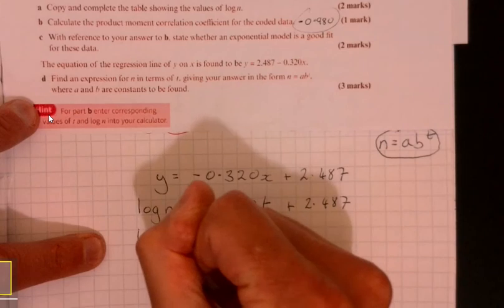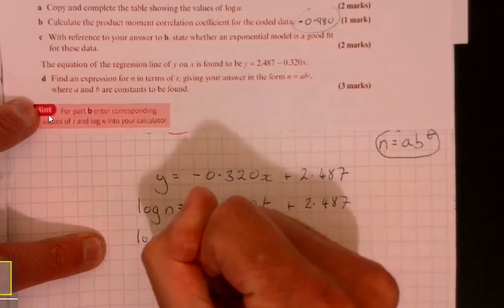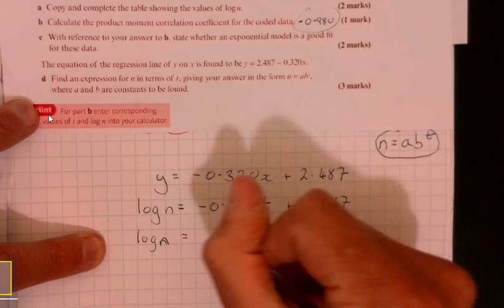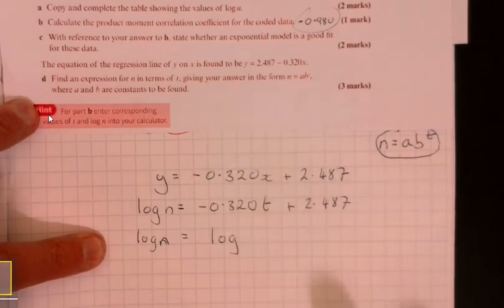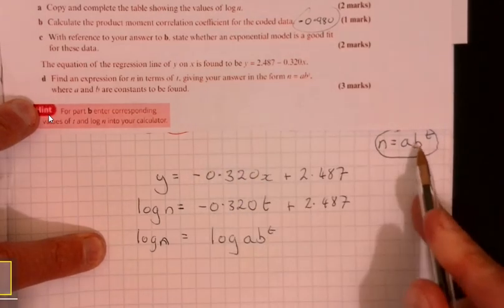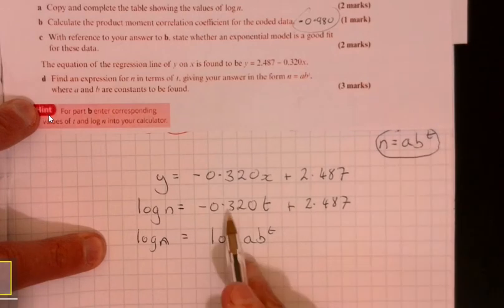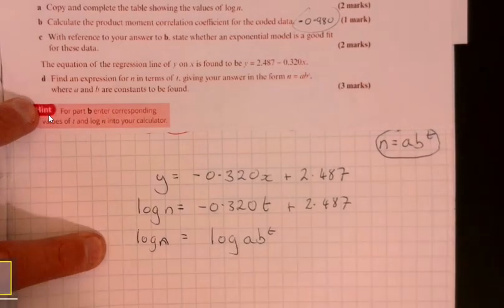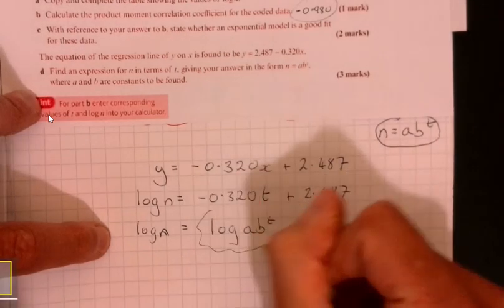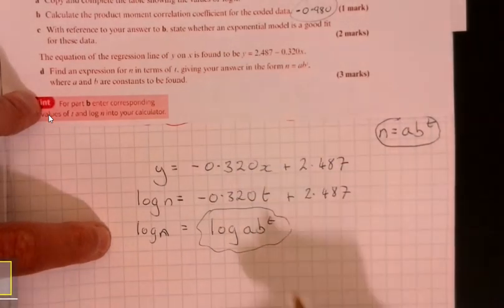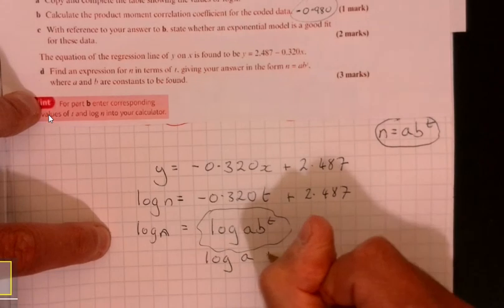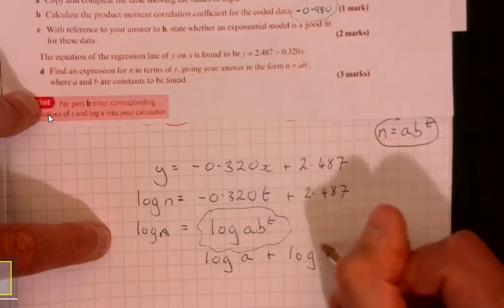Log n equals... Now, I'm going to do it the longer way to start with, but remember, you'll get better at doing this, and as you get good at it you'll be able to say, oh yeah, that bit's that bit, and do it quite quickly. Let's think about our laws of logs. This splits, doesn't it? So we can write log a plus log b to the t.